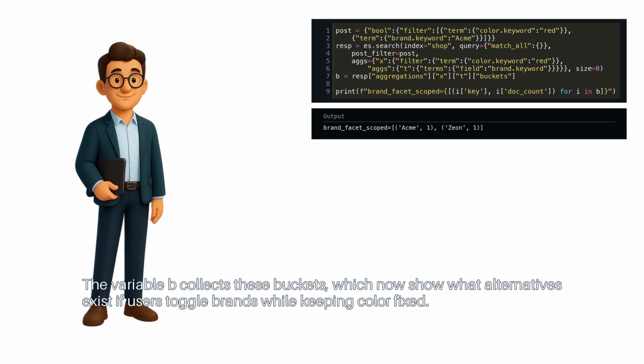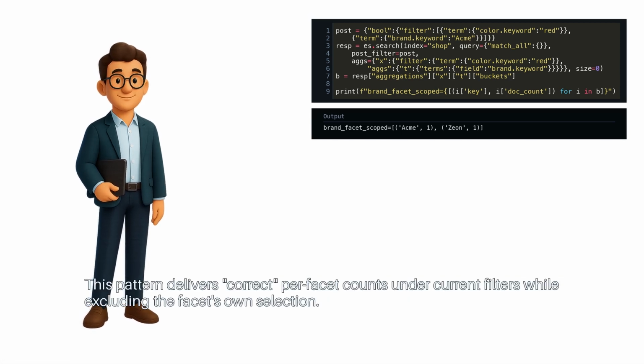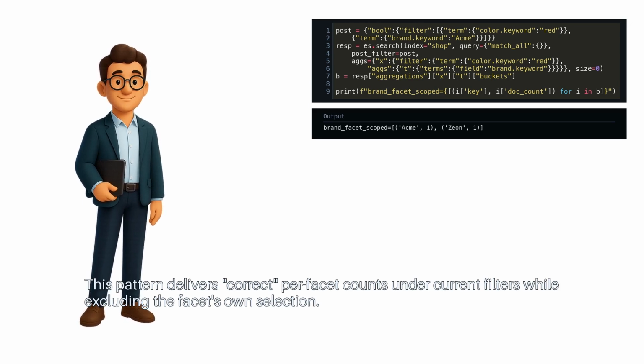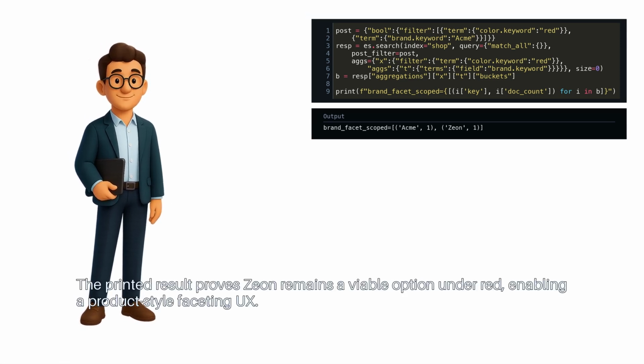The variable B collects these buckets, which now show what alternatives exist if users toggle brands while keeping color fixed. This pattern delivers correct per facet counts under current filters while excluding the facet's own selection. The printed result proves Xeon remains a viable option under red, enabling a product-style faceting UX.